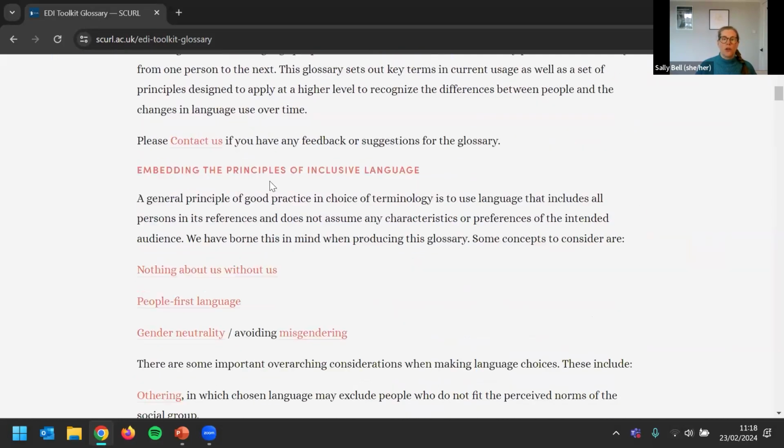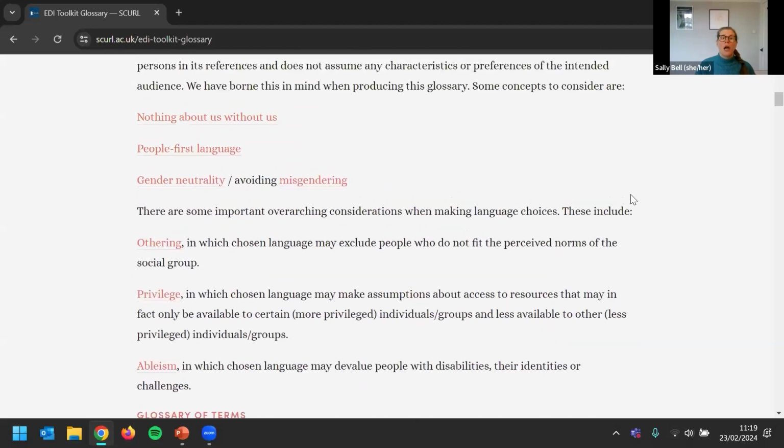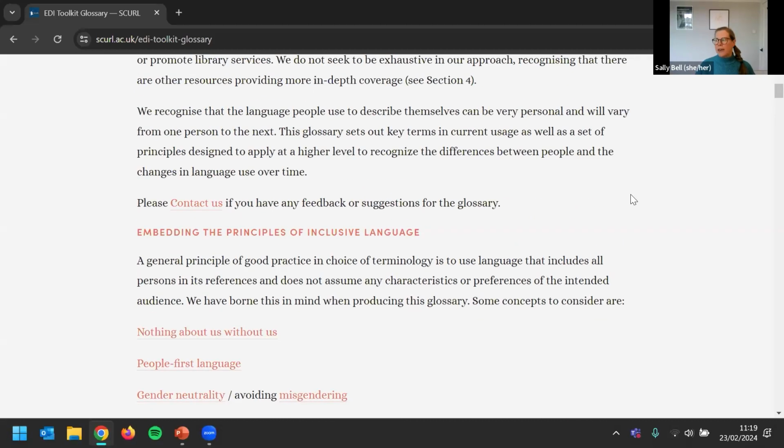We wanted to embed the principles of inclusive language in what we were doing. You'll see when you're having a look at this page that we do reference other places that we have taken inspiration from, glossaries that we have collated and processed and synthesized and used to create our own glossary.